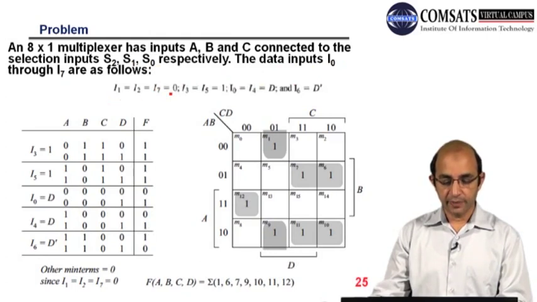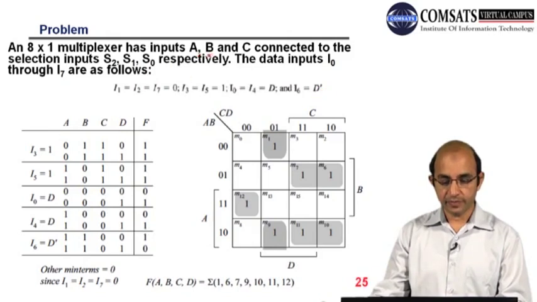The values of those data inputs: I2 and I7 are zeros. I1, I3 and I5 are high, 1. And I0 is equal to I4, and this is D, and I6 is D bar.